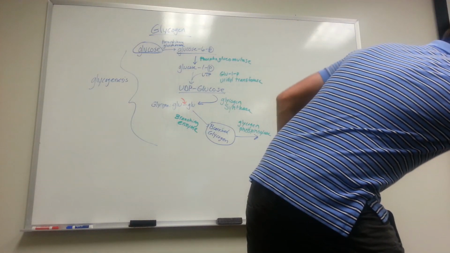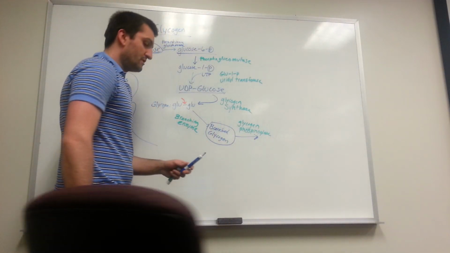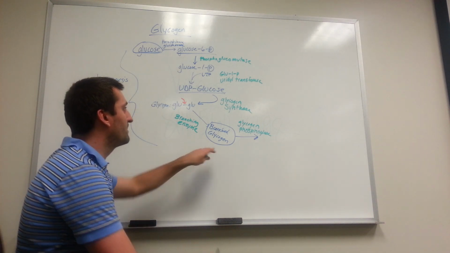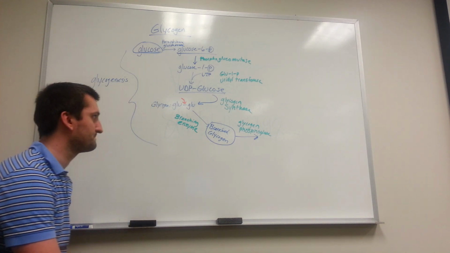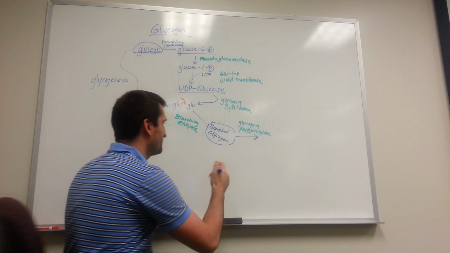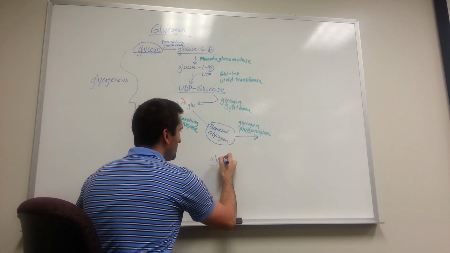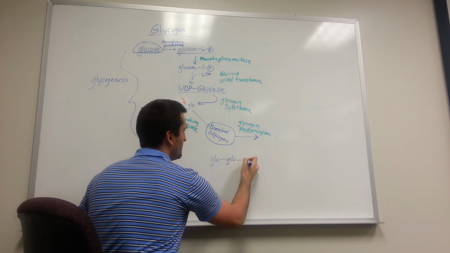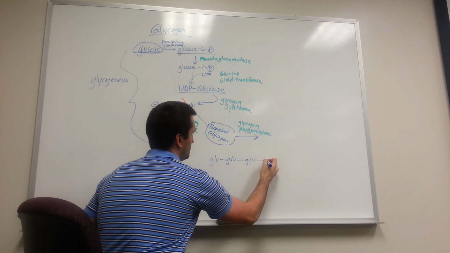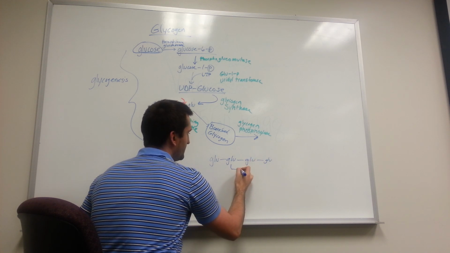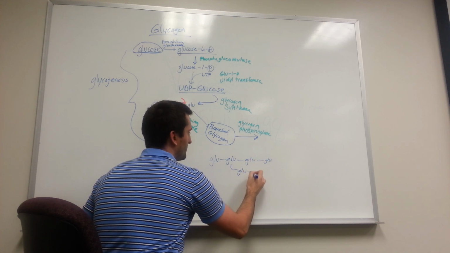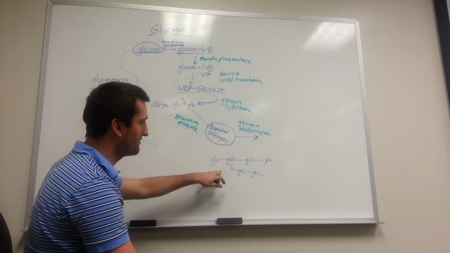I'll get a chair so I can use the bottom half of the board. So we have glycogen phosphorylase. This glycogen phosphorylase simply takes this long linear chain of glucose molecules. I'll say there's a branch right here, and I'll continue on. So we have this chain of glycogen.